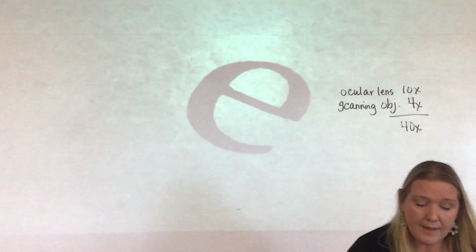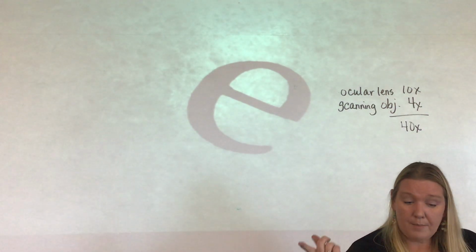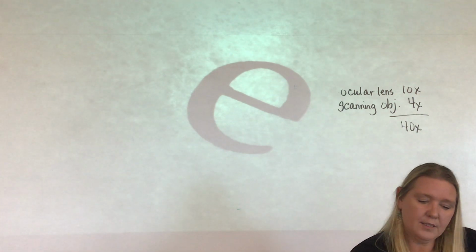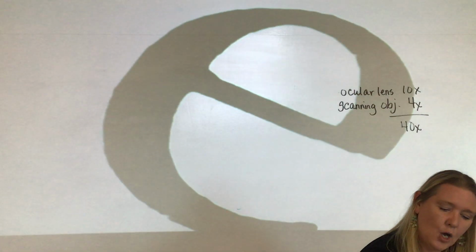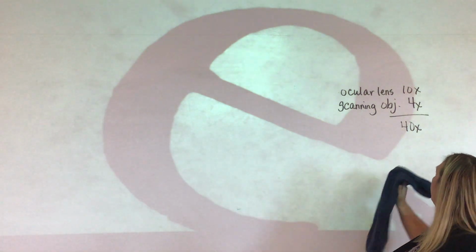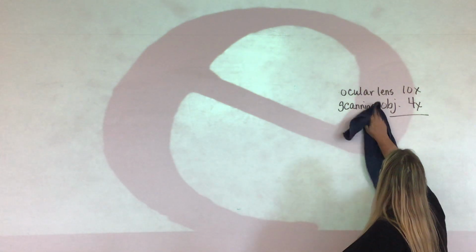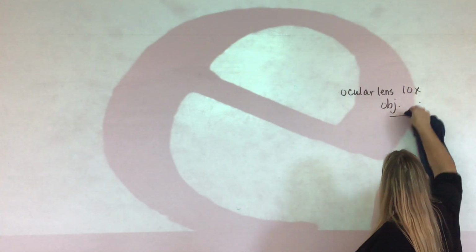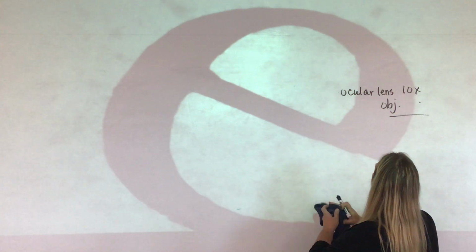And then I'm going to use a piece that we didn't talk about, the nose piece. It's a black ring holding the objectives. And I'm going to put the low power in place. So now I have the low power, the middle size one, in place.